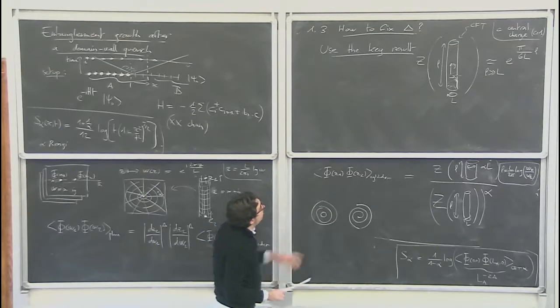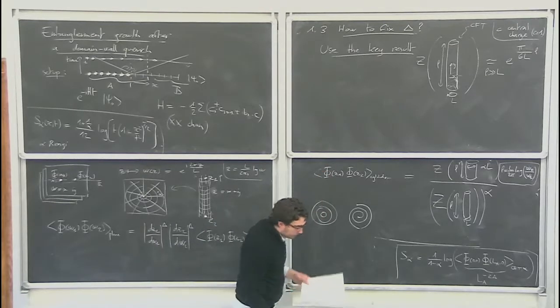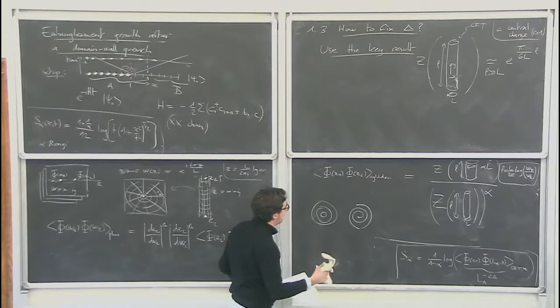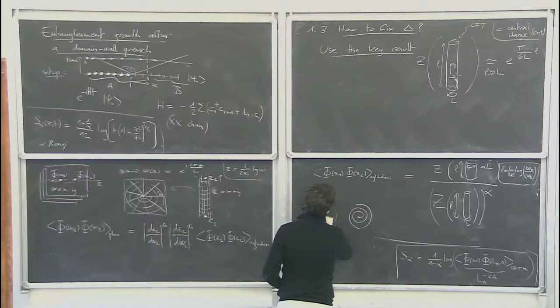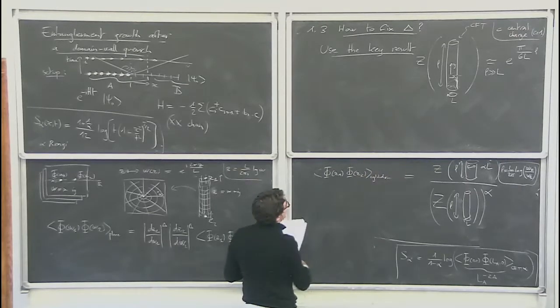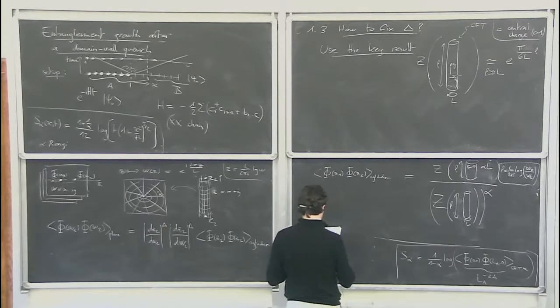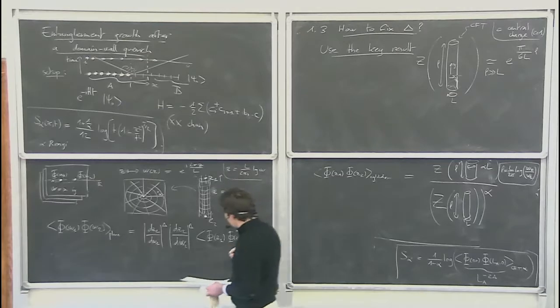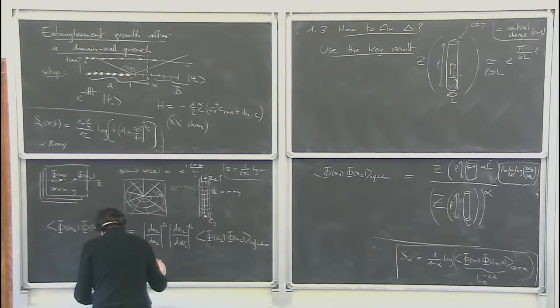Okay, and then we use this key, fundamental result of CFT, that this has this asymptotic behavior over there. And so in the end we arrive at, okay, so you just have to do carefully the Jacobians.